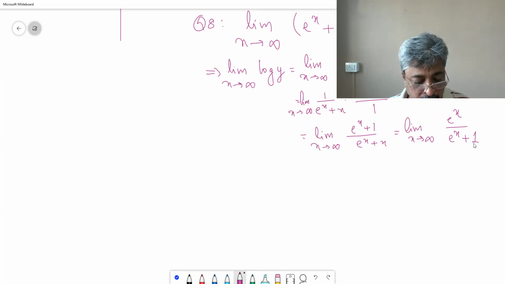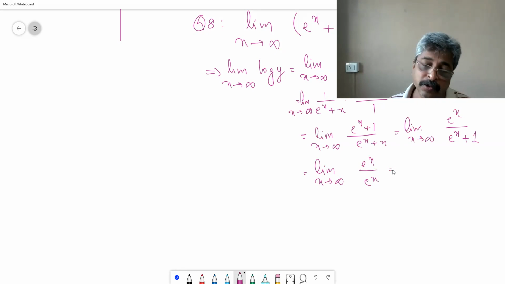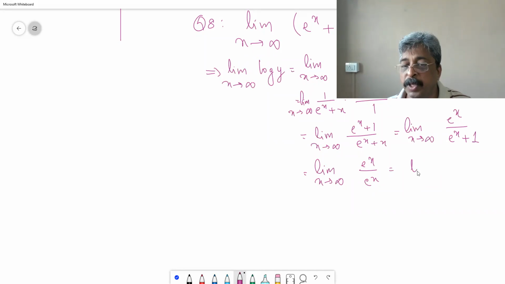Correct, no? Again infinity upon infinity, differentiate: limit x tends to infinity e^x upon e^x, which is equal to limit x tends to infinity 1.